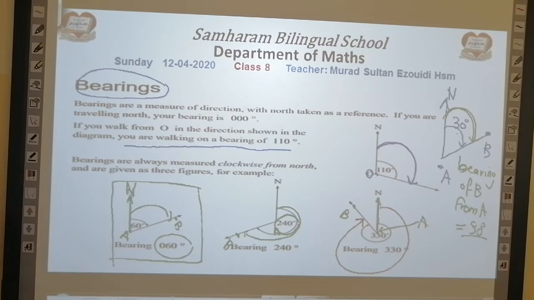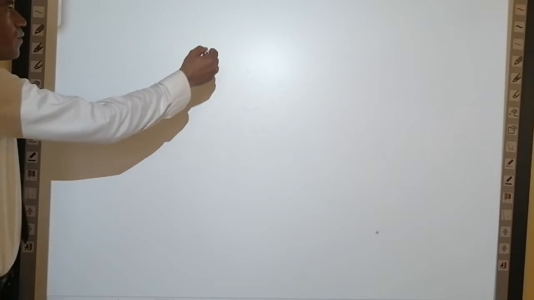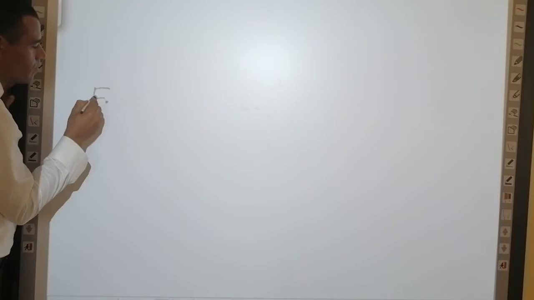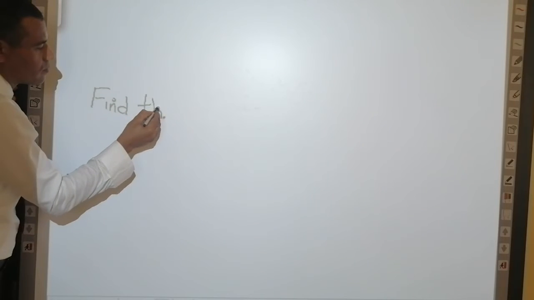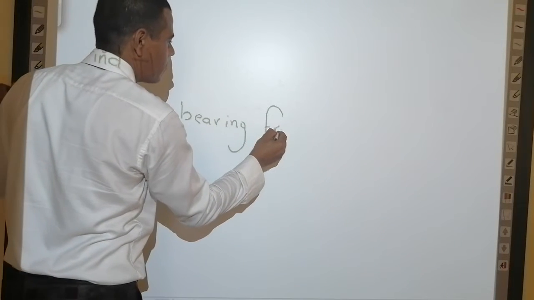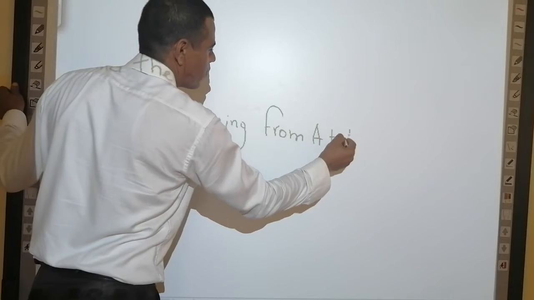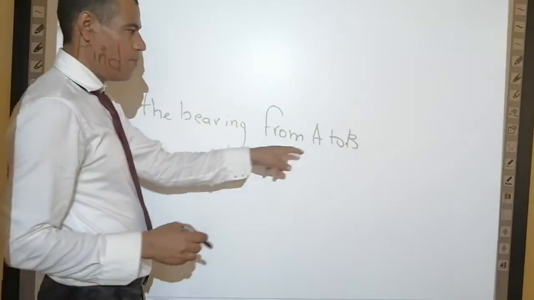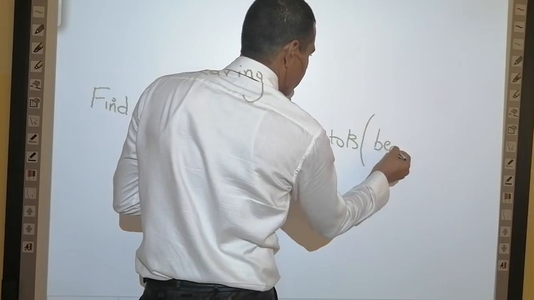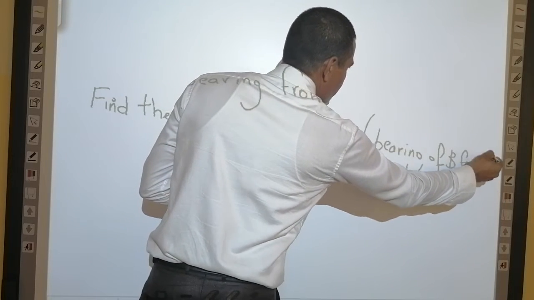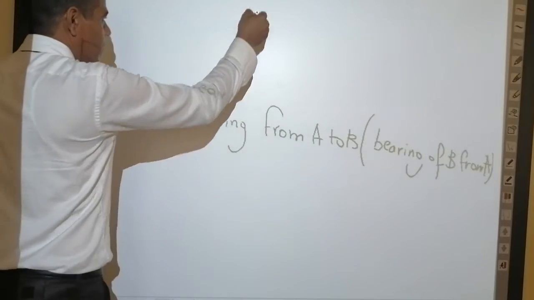I will give another example. Find the bearing from A to B. This can be read as the bearing of B from A. For example, this is the diagram, kids.